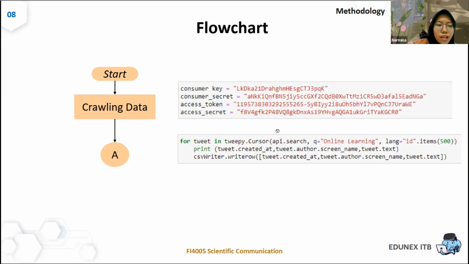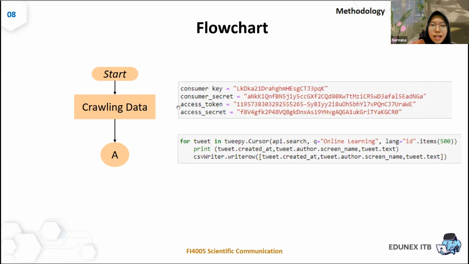Next, the first step in this research method is to collect data in Python. To be able to connect to Twitter, it is necessary to request an access token code obtained from the Twitter API. By requesting the code, we can crawl the data. After crawling the data, the next step is labeling the data.